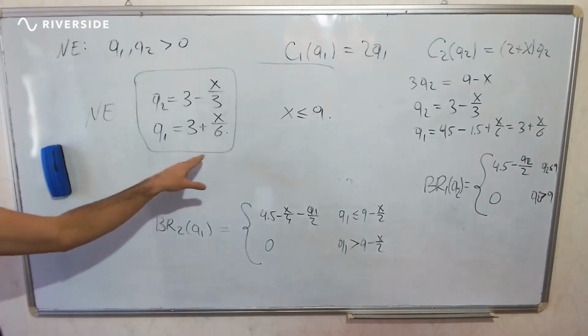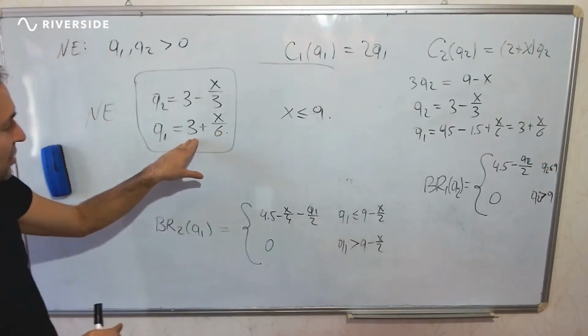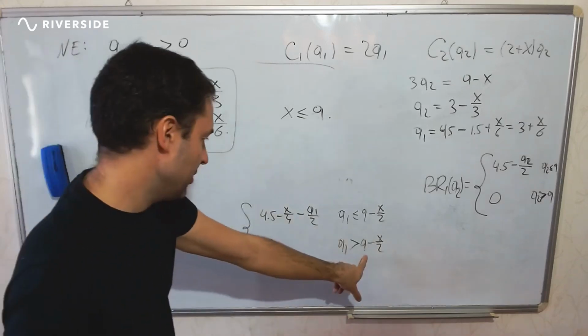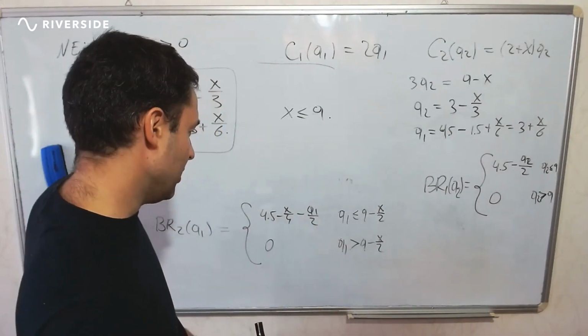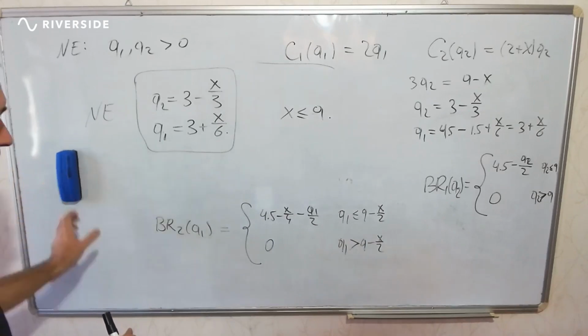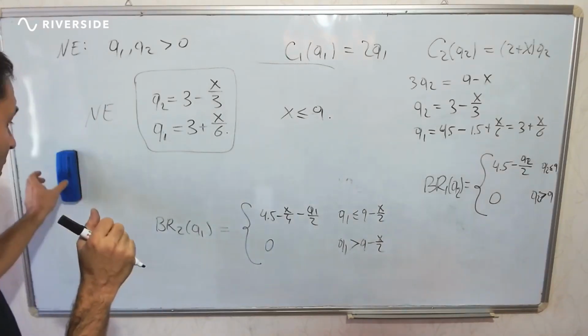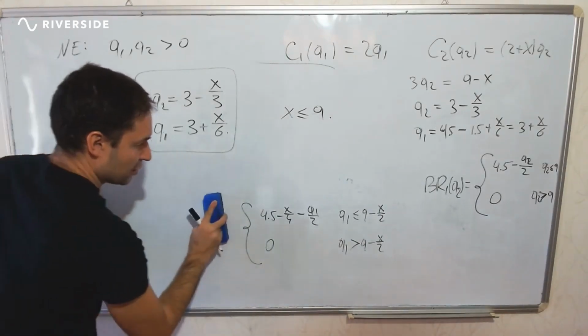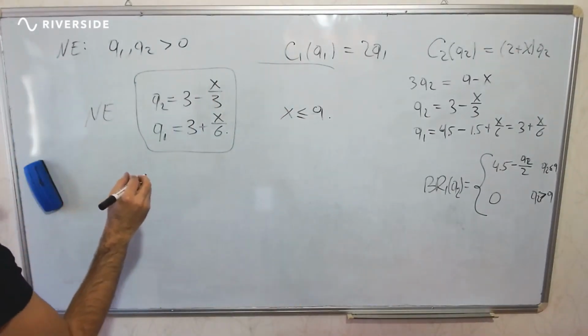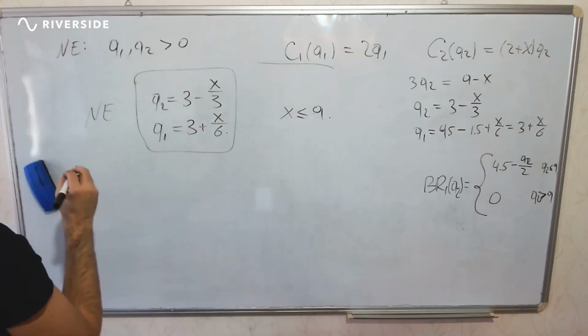Notice that when x is 9, firm 1 will produce exactly this quantity, and so the best response of firm 2 will be to stay out at that point. So that's one Nash equilibrium for x less than 9.